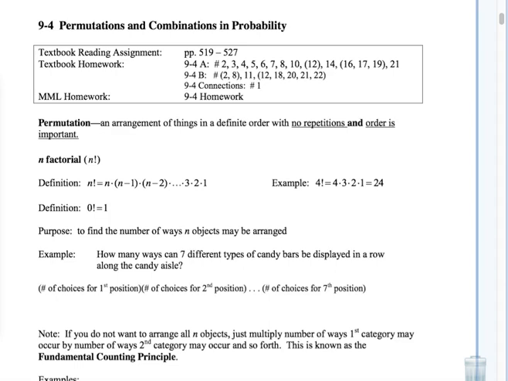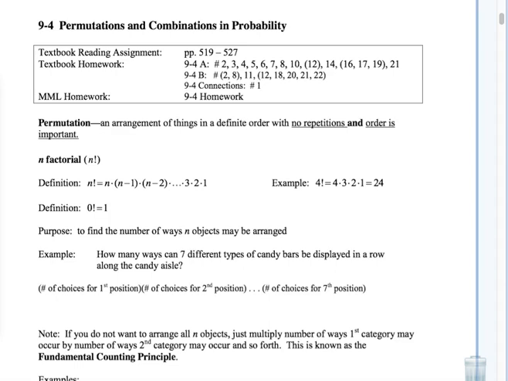For example, if I said I want pickles, onions, and lettuce on my hamburger, pickles first, onions second, and then lettuce. Well, what about if I said pickles, lettuce, and onions?